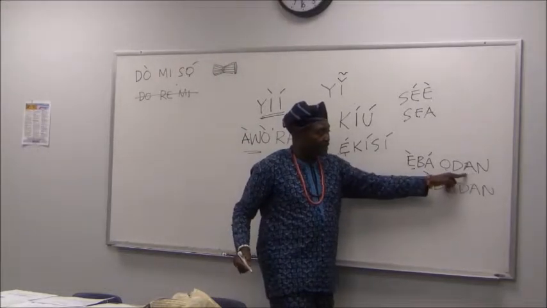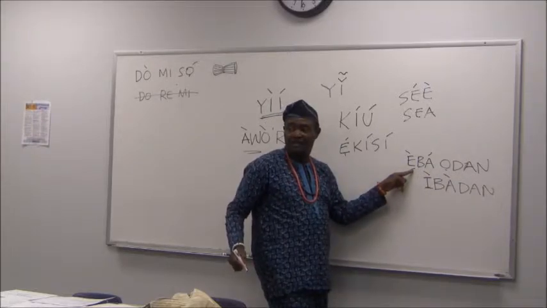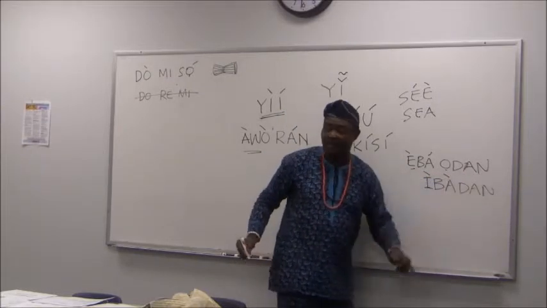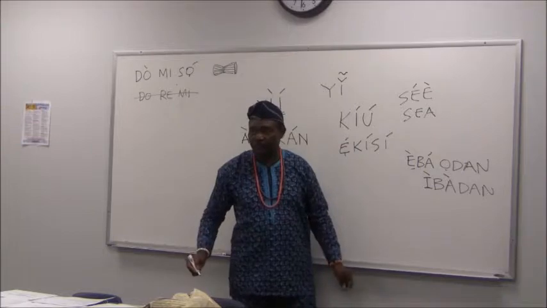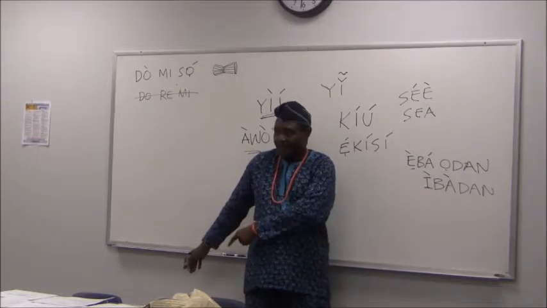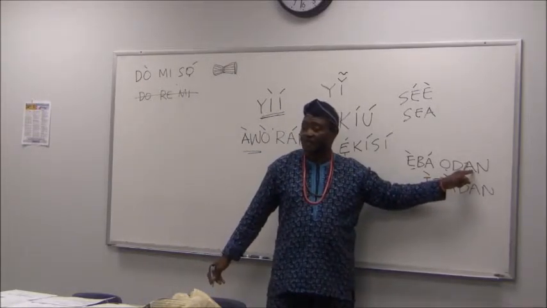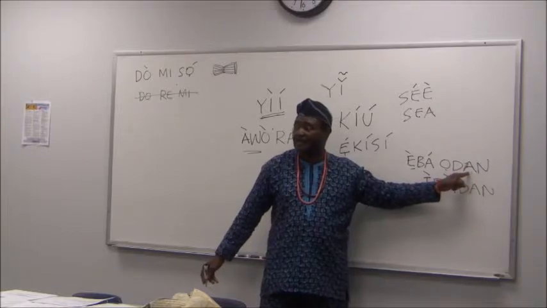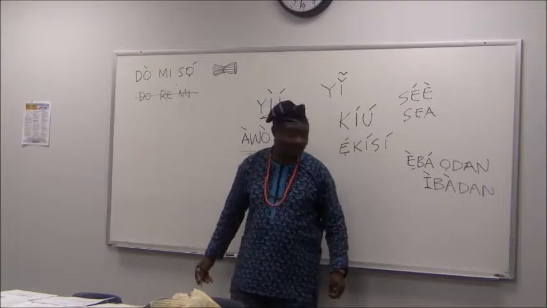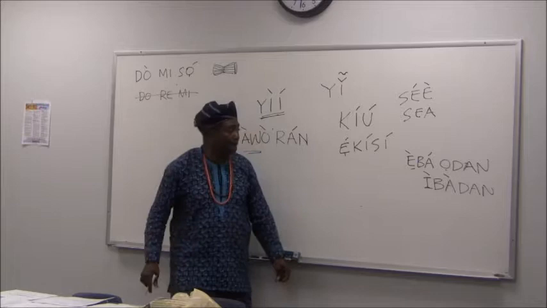But here near the grassland, by the edge of the forest, right? That's Eba. Eba means beside something. Odon, edge of the forest, between the grassland and the forest land, right? Vegetation.